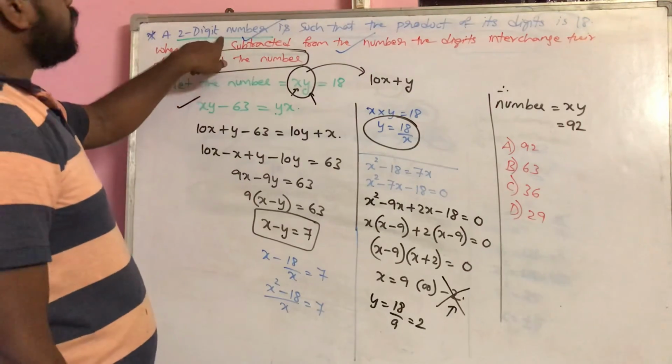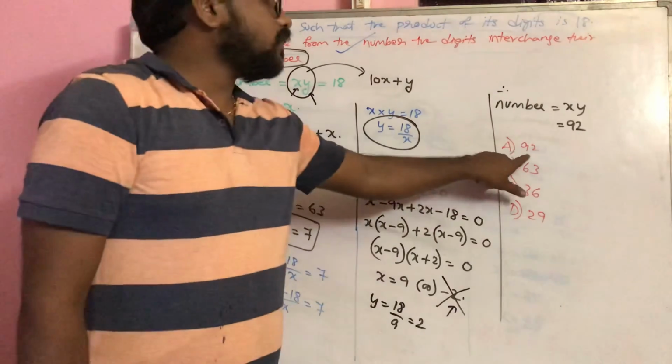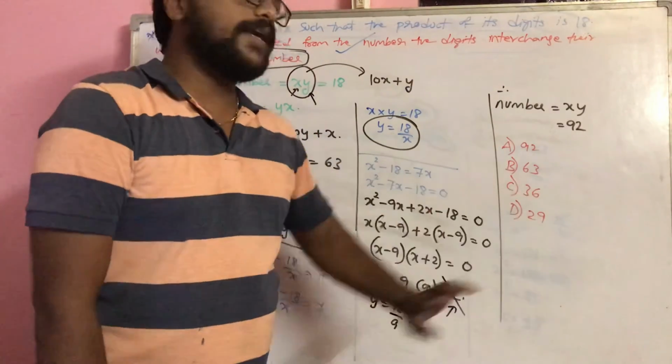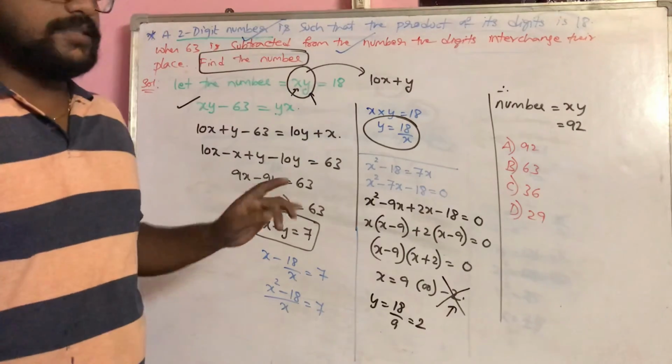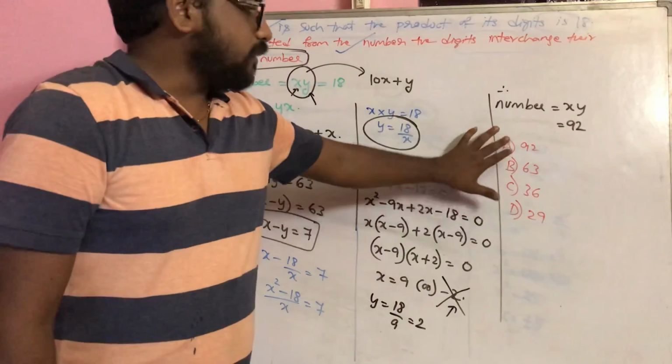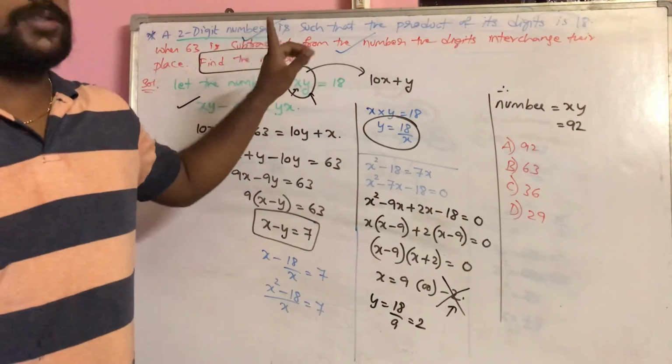Because the 2-digit number has the product of digits 18, all these numbers, if you take the product of the digits, you will get 18 only. So you may get why we are checking all the conditions, because the answer that you are going to select has to satisfy all the conditions given in the question.